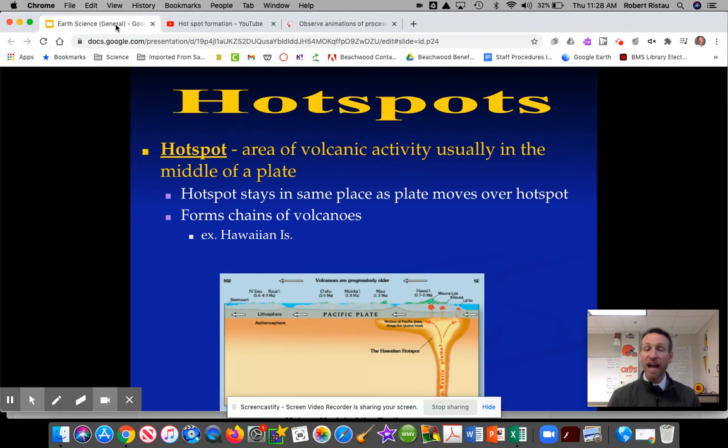They're there because there's a hotspot. Because of the direction of the movement of that plate, we see these chains of islands that are called the Hawaiian Islands. We're going to do an activity where we look at these more closely, so I don't want to get into it a lot right now with your notes as you're typing this in.